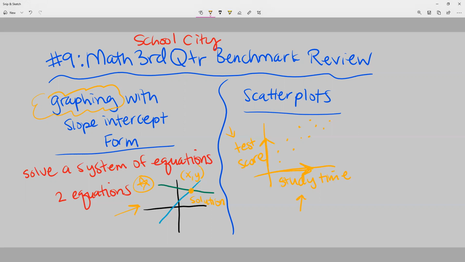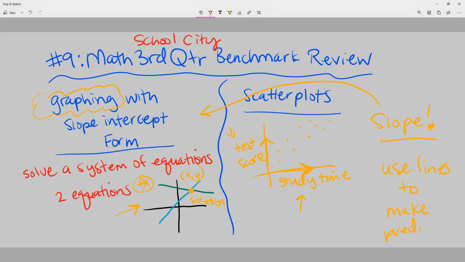But that's the reason scatter plots are useful, is that you can kind of get an idea of what happens with a data set and then make conclusions from it. So there's lots of problems like that, which we'll talk about. This works a lot like slope. So it definitely goes with this because you use lines here to make predictions.